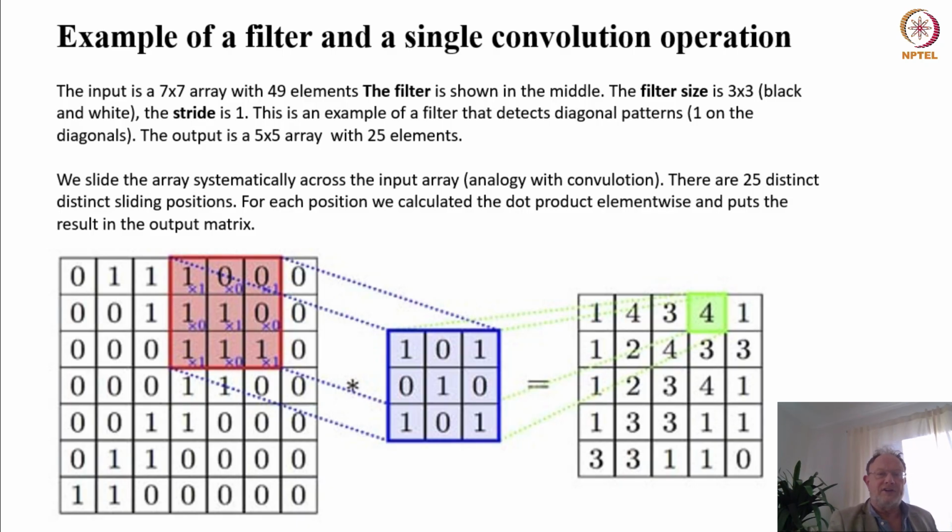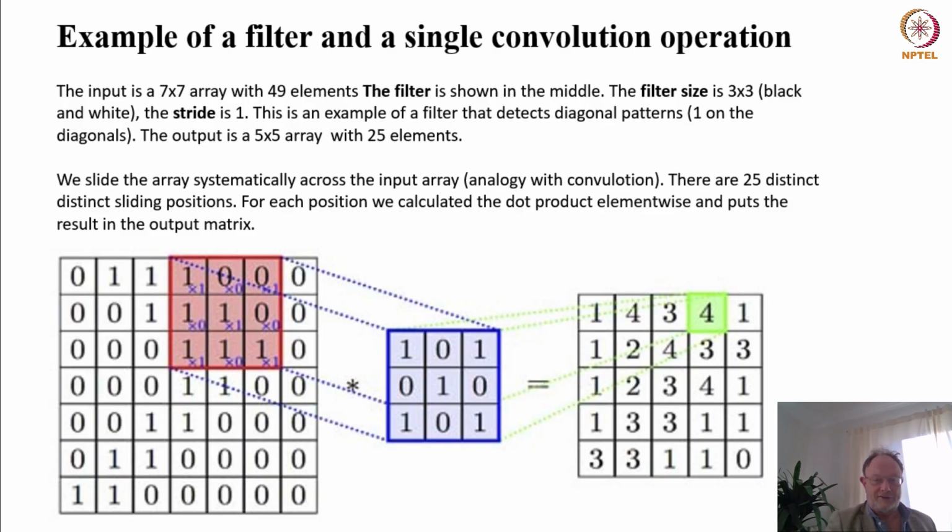So here is another example. We have a 7 by 7 array that gives us 49 elements. The filter is shown in the middle. The filter size is 3, and it's black and white. So now, from the beginning, we get rid of the color schemes. The stride is 1.